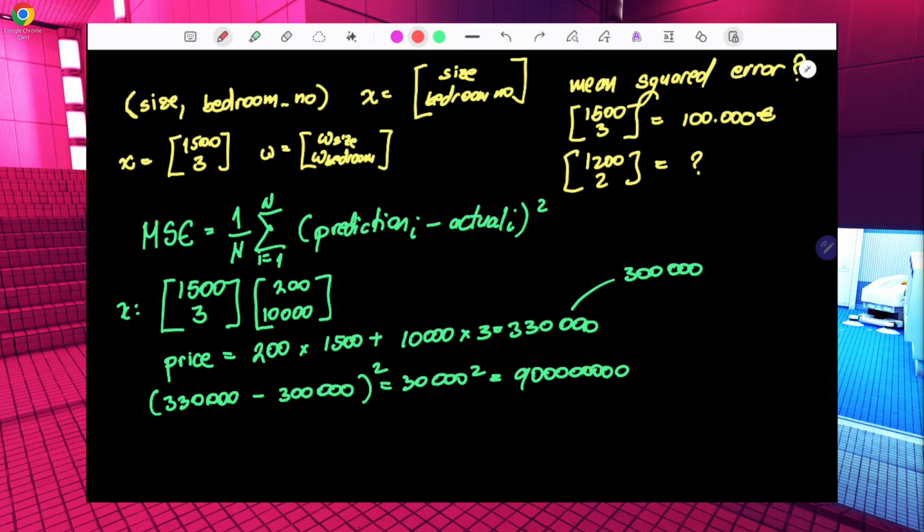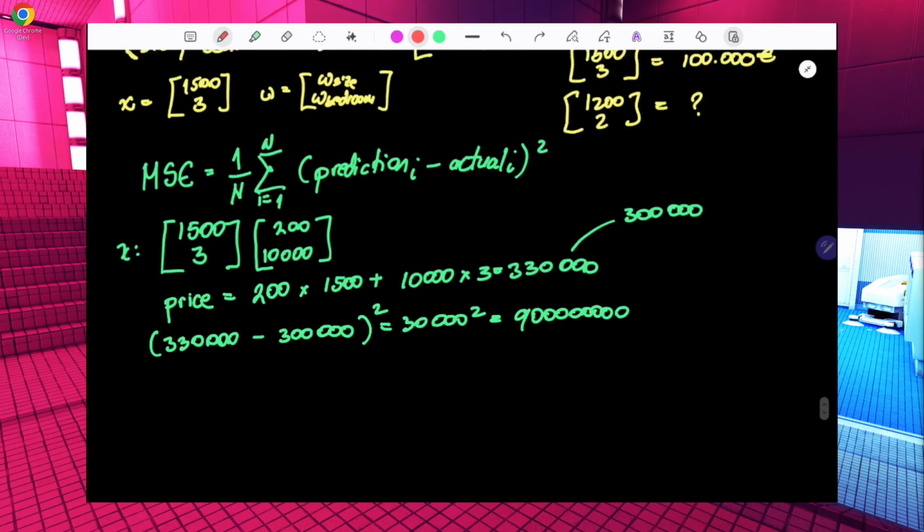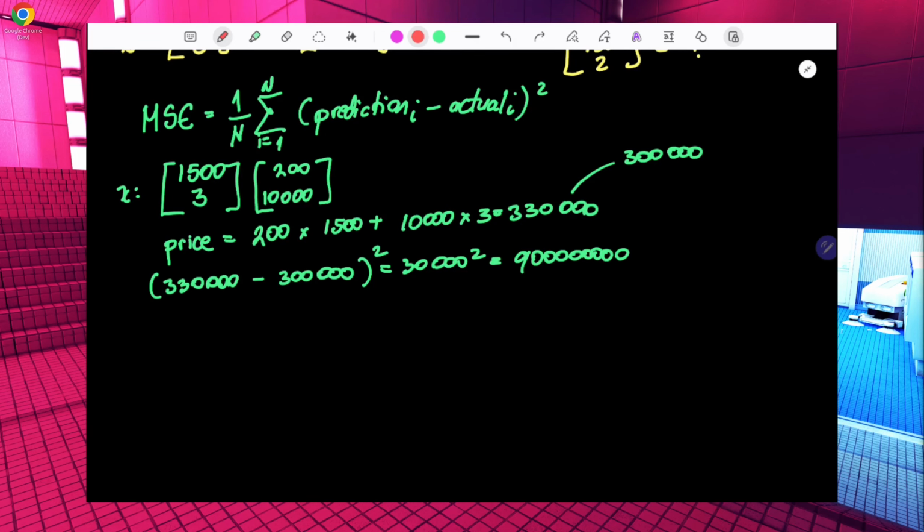Okay, so how can we train a linear regression model? We will initialize the vector v, or the vector of weights.